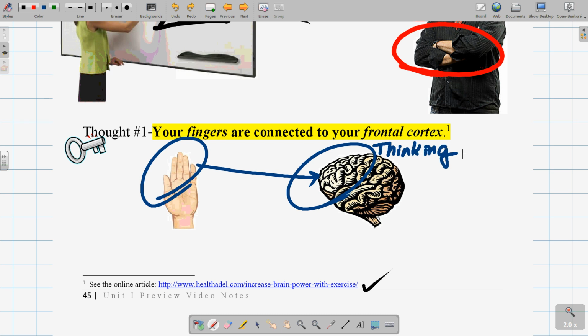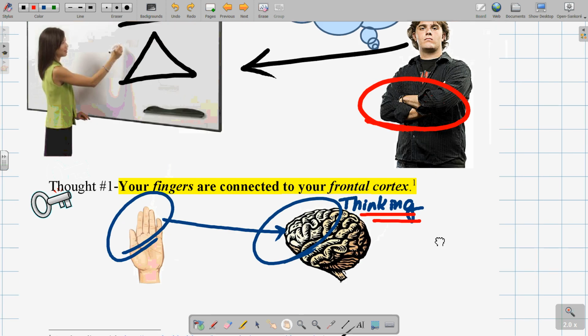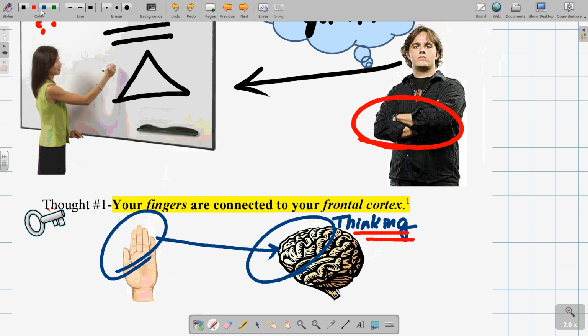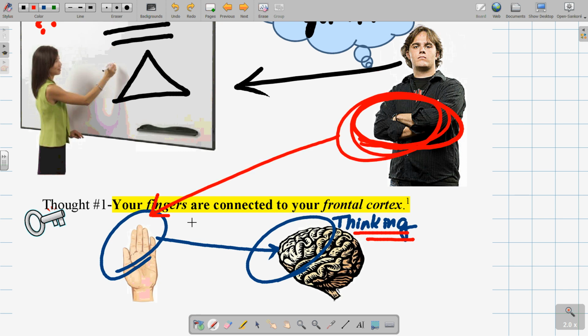And your hands and how you interact physically with your hands gives input to the thinking part of your brain. The simple truth is, if you don't use your hands, you are not thinking.